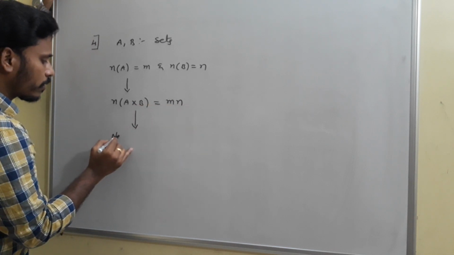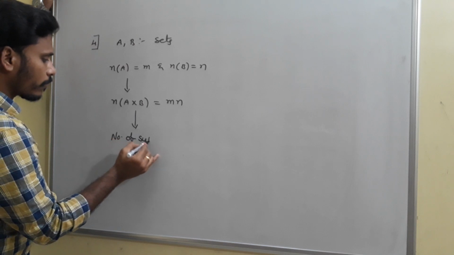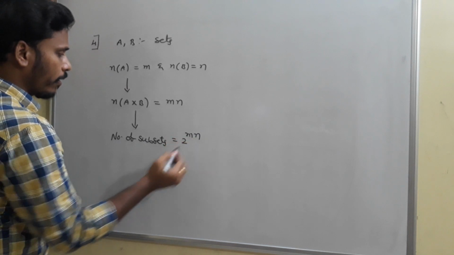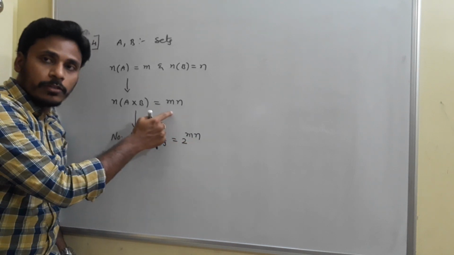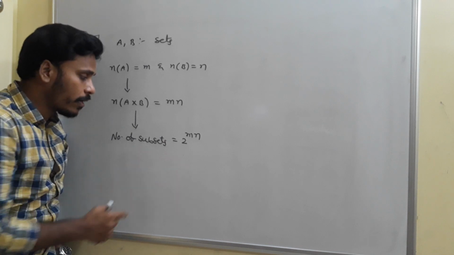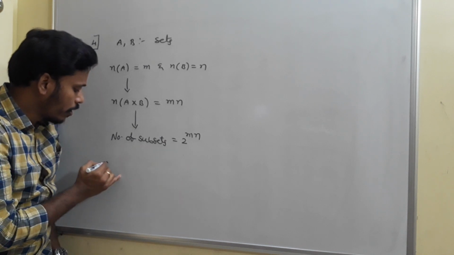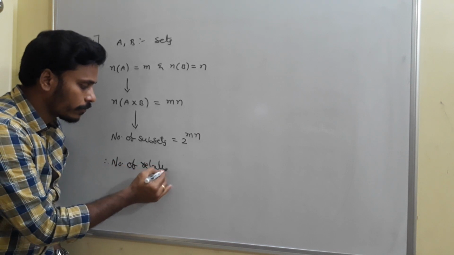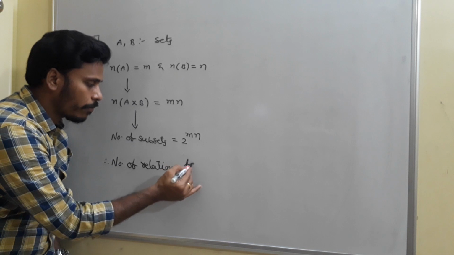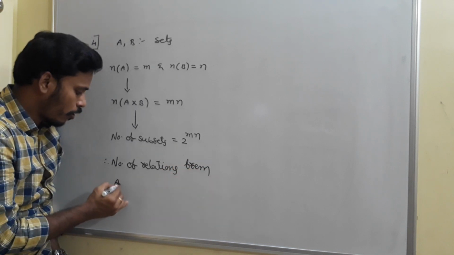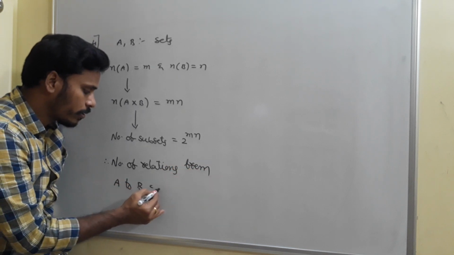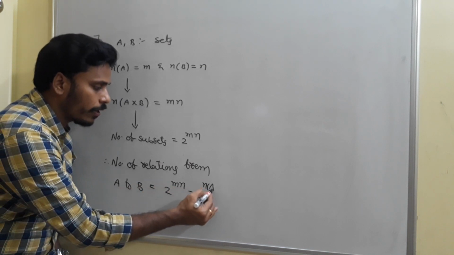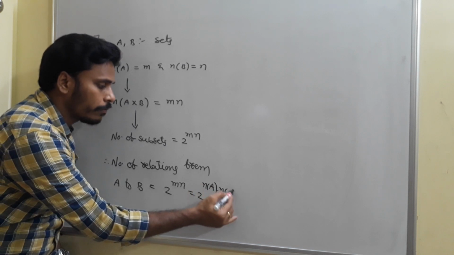The number of subsets is equal to 2 power mn. Since there are mn elements in A cross B, for sure you will get 2 power mn subsets for that A cross B. So the number of relations from A to B is simply 2 power mn, and we write it as 2 power n of A into n of B.